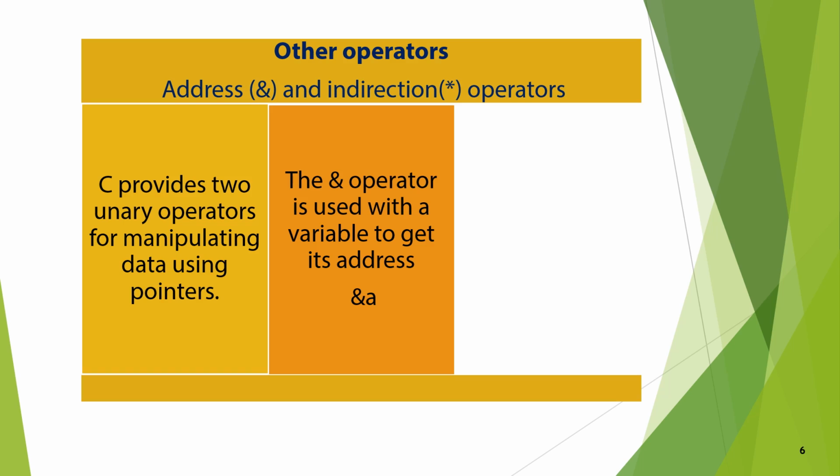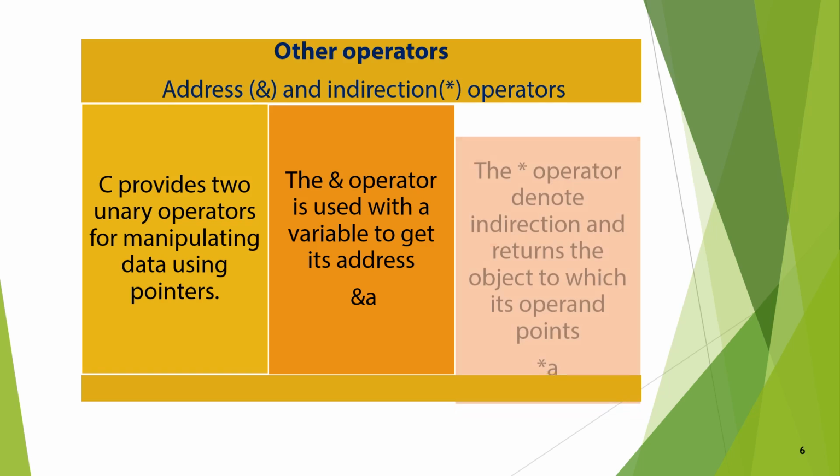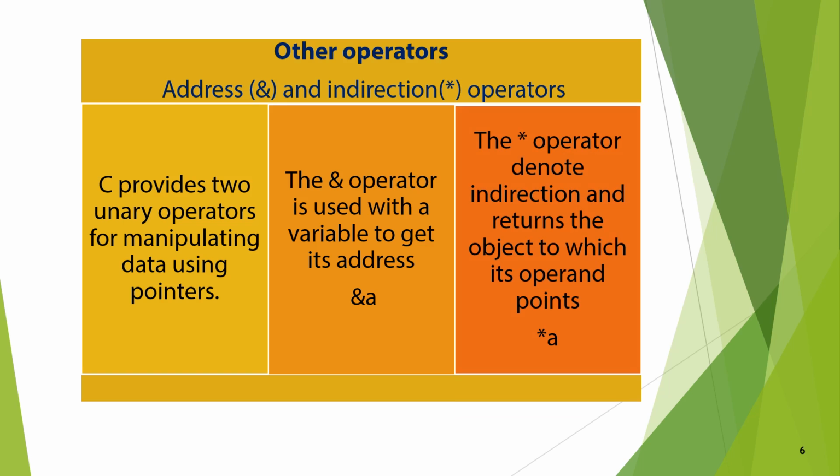So whenever we write ampersand A, we get the memory location or address of variable A. Similarly, the star operator is also called the indirection operator, and it returns the object with which star is written.